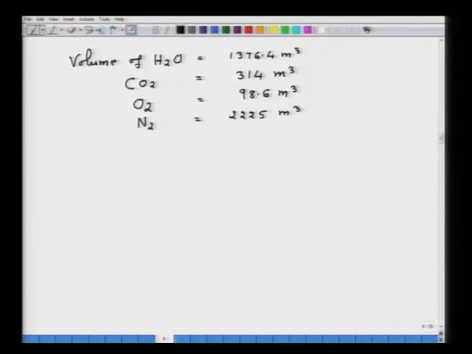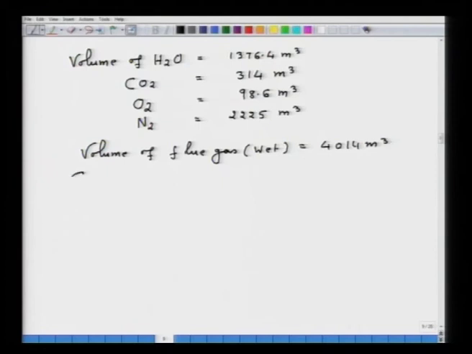So, here we have to calculate the volume of flue gas. We have to calculate wet and dry. So, the wet volume is 4014 meter cube.